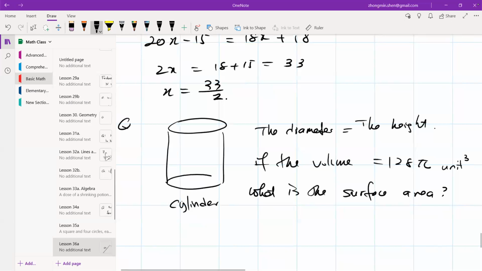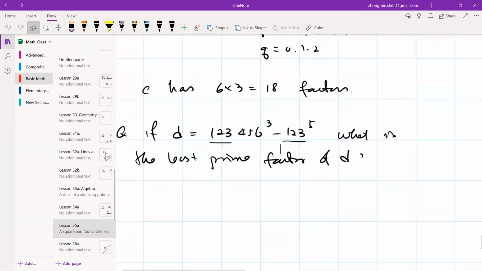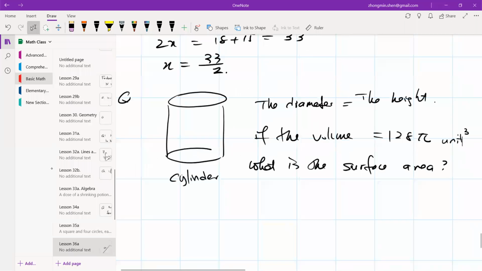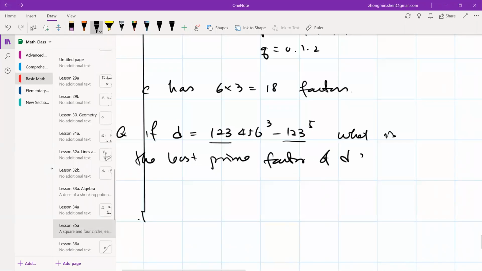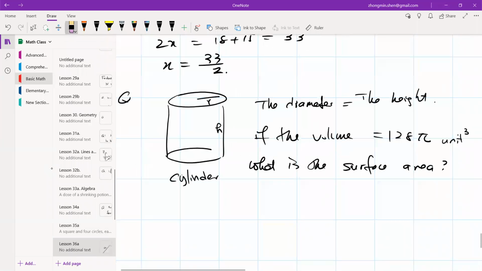So let's have a quick review about the cylinder. How do you find the surface area of a cylinder? This is the radius, this is the height. The surface area includes the top and the bottom part, since it's a closed cylinder.